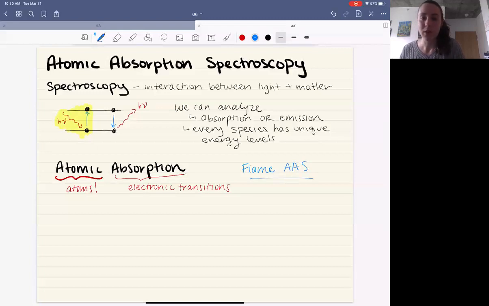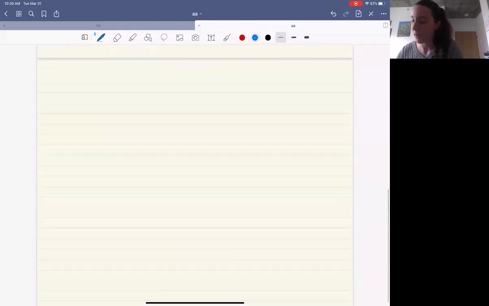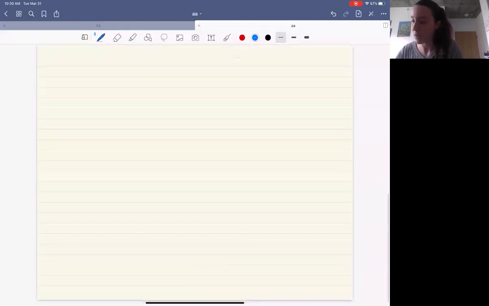So let's go over a little bit: what does a flame AA look like? I'm going to take up the next page to do this. So one thing, we have our seawater solution. Maybe you're thinking, well, calcium in a solution is going to exist as an ion, right? Calcium 2+. How are we going to get it into atomic form, since that's what we need to analyze?